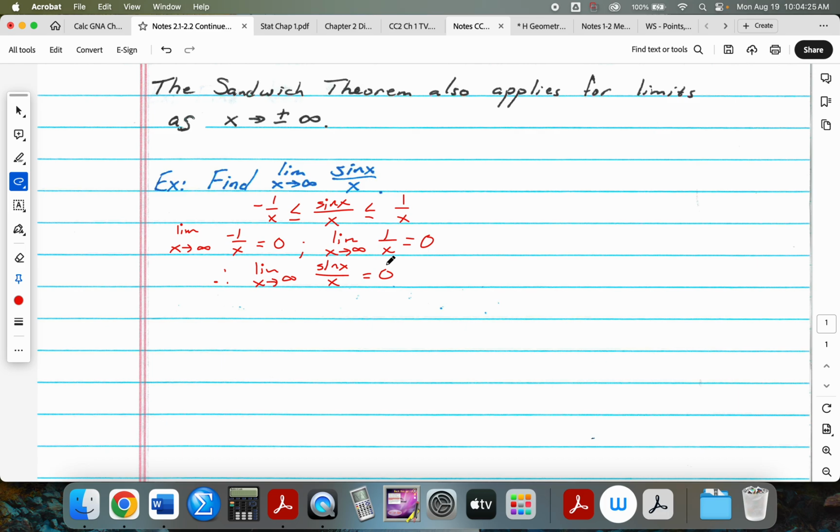I would be just fine with that. If, on the other hand, it says show, or show the analysis that leads to your answer, then you got to use the squeeze theorem. Okay? Any questions about that? Probably the shortest lesson we'll have all year long.